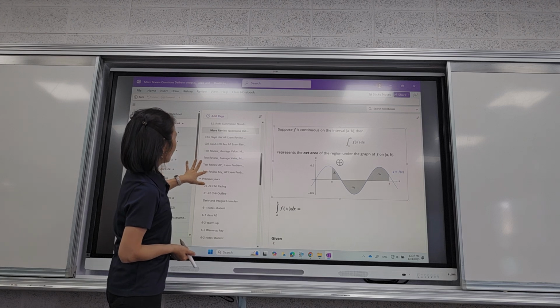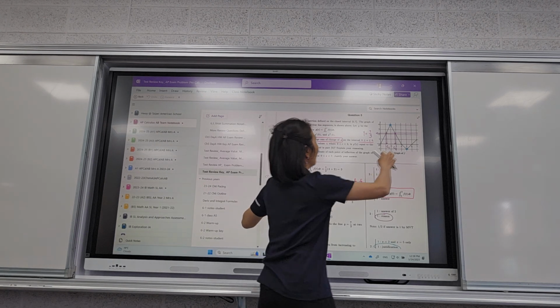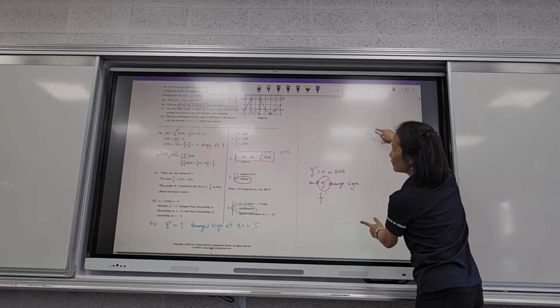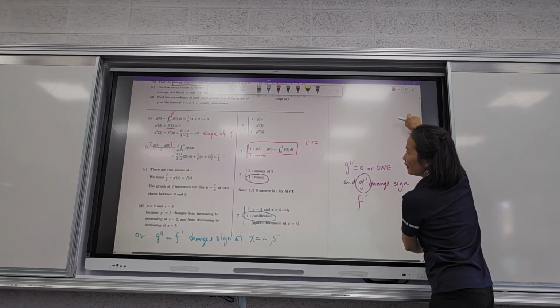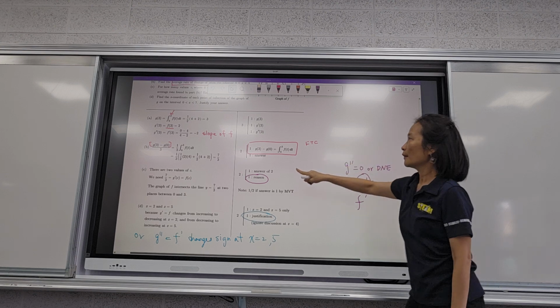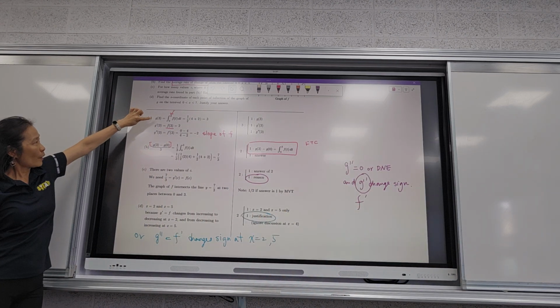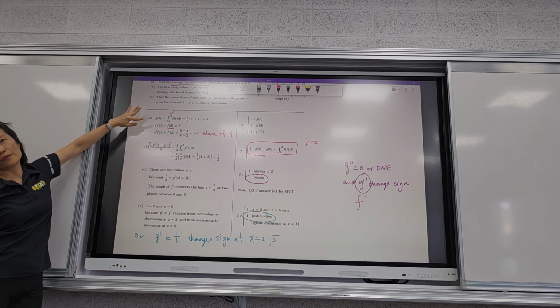Where is the review keys? All right, here. So let's look at the mark scheme. So the first question is 1 point for each: finding g of 3, g prime of 3, g double prime of 3.